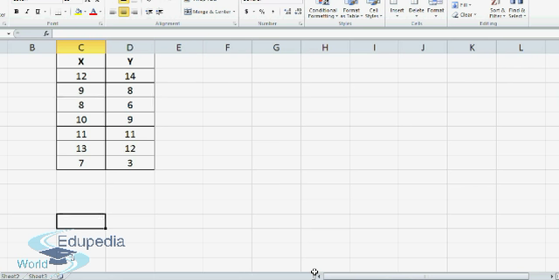So let's take a numerical problem here. As I said, we have two variables x and y. Now this could be either the marks of two different students or marks in two different subjects in a class or anything else. Now let's see how to find the correlation between these two.